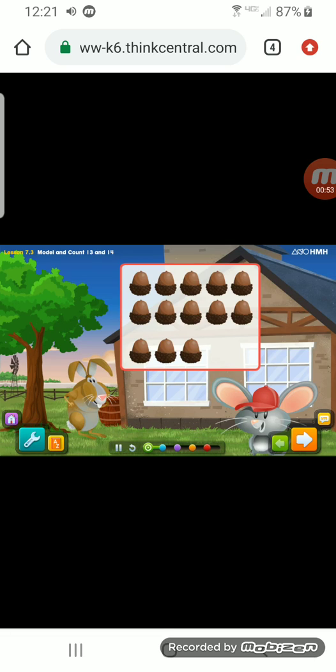Nice work! Now we can count the acorns. 1, 2, 3, 4, 5, 6, 7, 8, 9, 10. And let's see. Here we have 1, 2, 3.